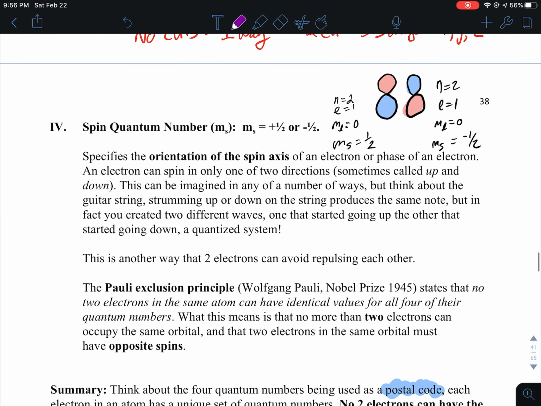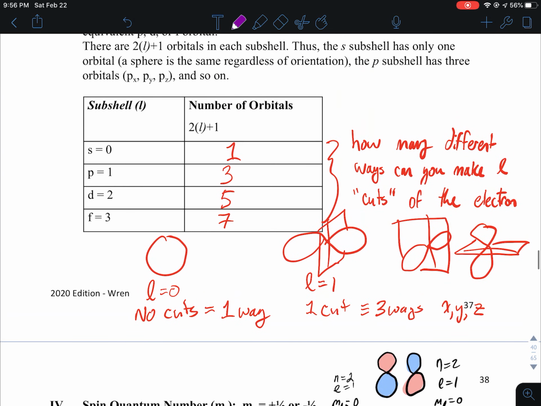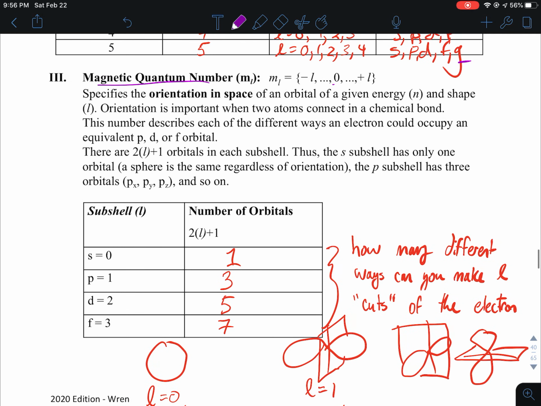Okay, so that's our ML value we're doing. The ML value can have any value up to L and down to negative L. So if L is 0, for the s subshell, then ML can only equal 0.